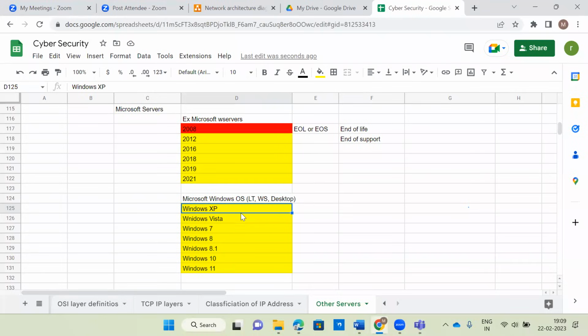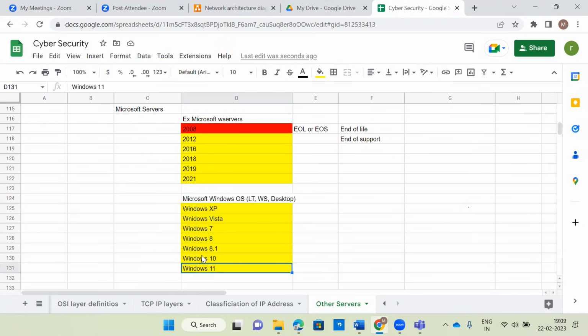You should be aware of Windows XP and Windows Vista. We are not using them at all. They are very old. Now Windows 7, Windows 8, 8.1, 10, 11 are the latest Windows operating system versions. For example, one is a phishing email coming to Windows 7 with IP address 10.10.10.1.